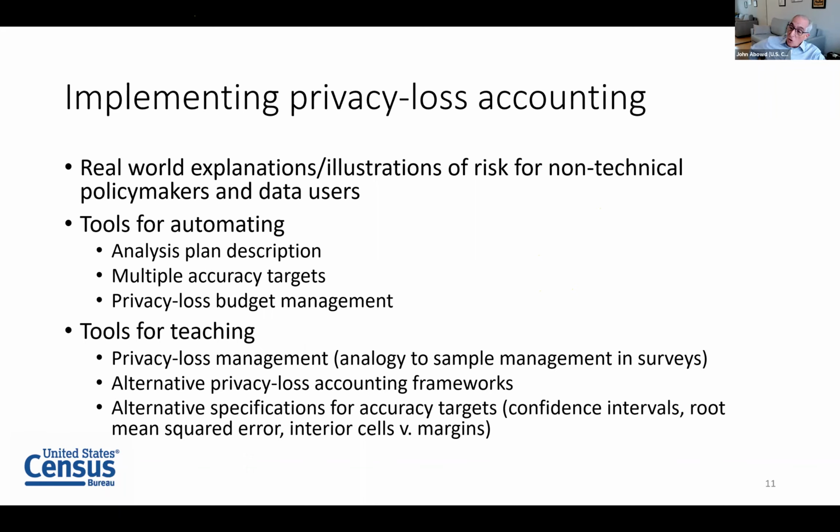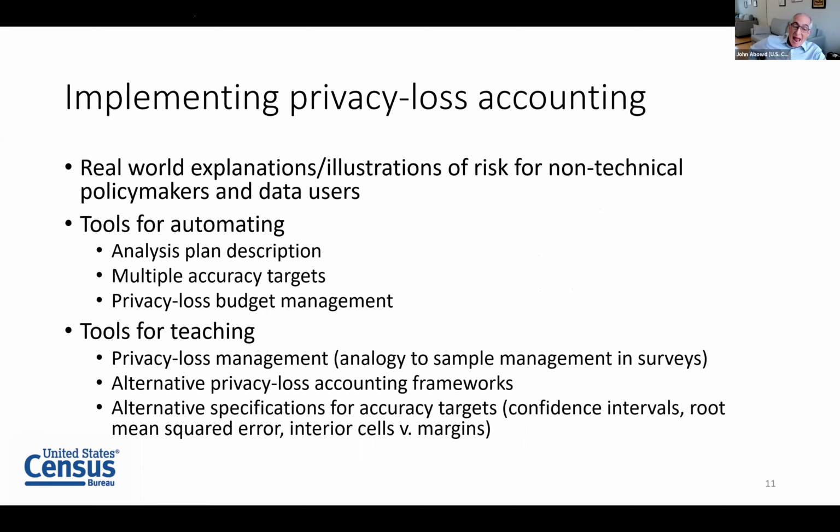In the technical paper on the semantics of the 2020 Census Disclosure Avoidance System that we will release in a few weeks, we propose one way of doing this, but I'm sure there are many more ways, cleverer ways that the DP community can work out. And those need to be explained for policymakers and non-technical users as well as for technical users.